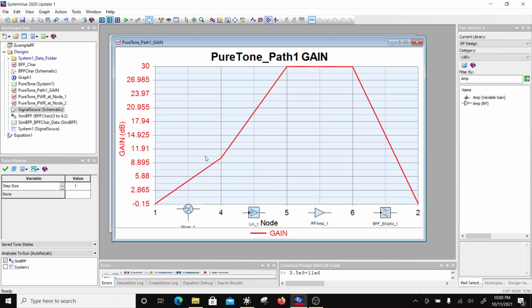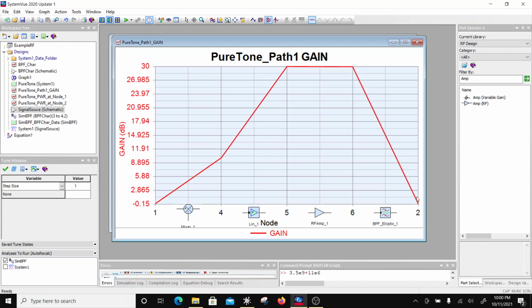So this is a 10 dB gain here, this is a 30 dB gain here, and over here is a 30 dB gain, and then I have a, what would that be? BPF, because of the frequency upconversion.